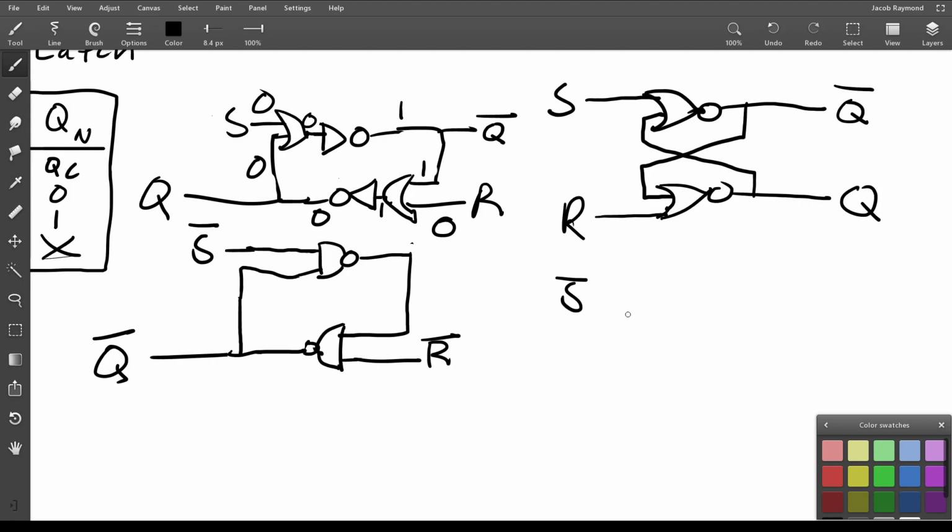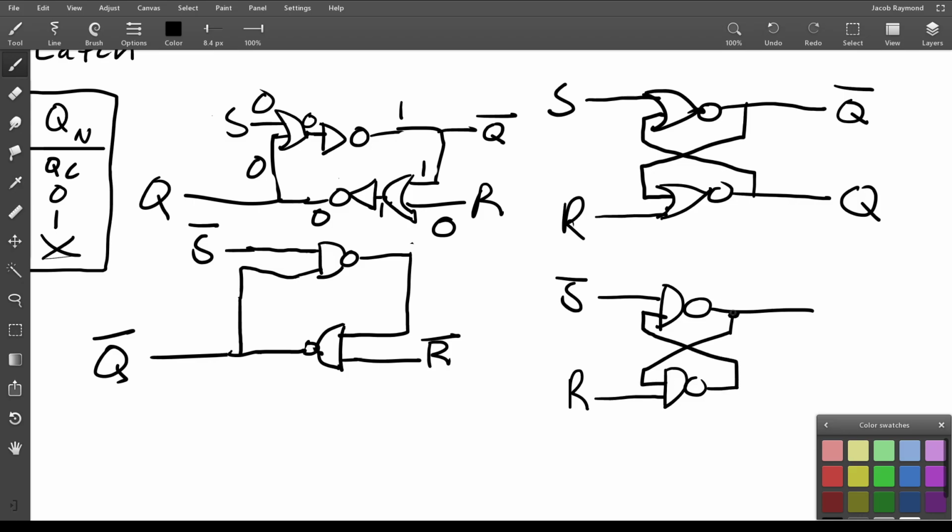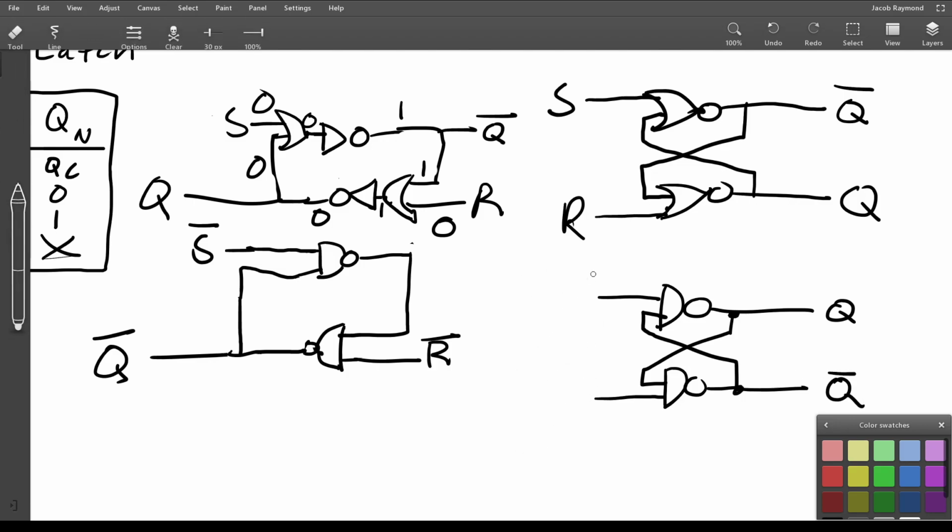You can only get not Q. And these inputs become inverted. Really, you could just put a NOT gate here and then call this S if you wanted to. It's just normally not written like that.